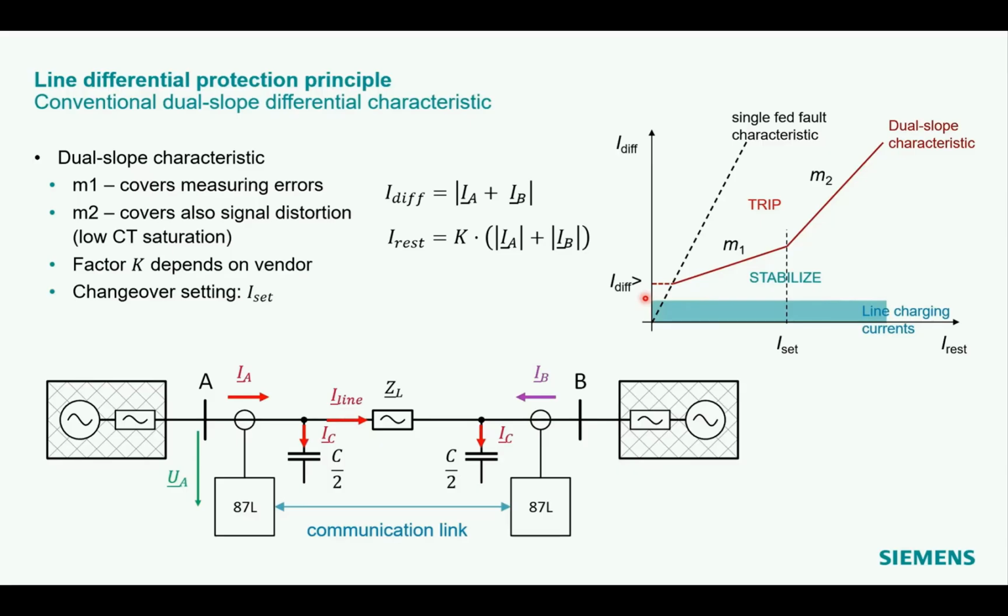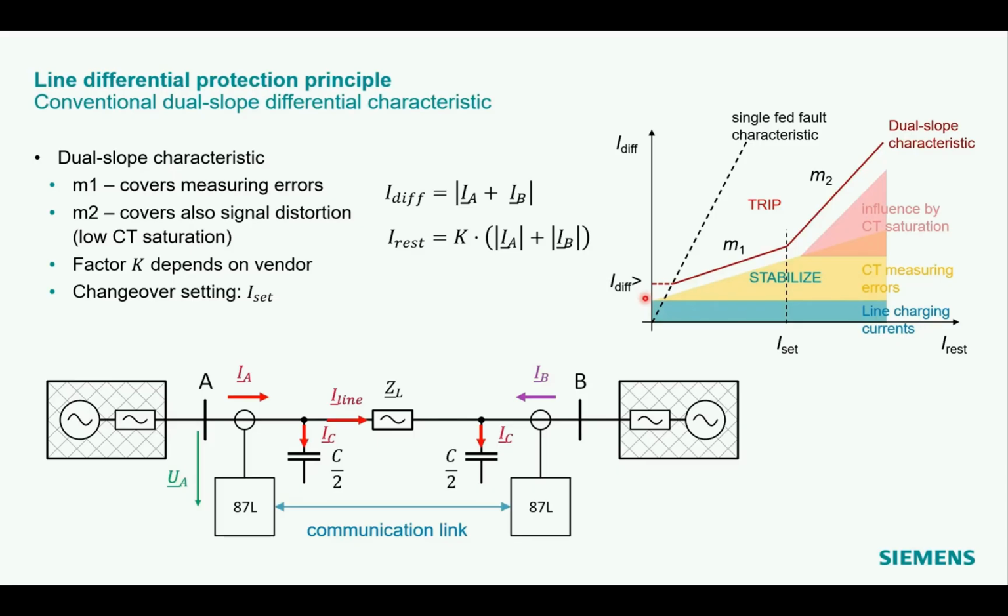The first slope, M1, will stabilize for small CT errors up to the highest expected load currents of the line. The second slope, M2, will stabilize for higher CT errors due to starting nonlinearities of the CTs.